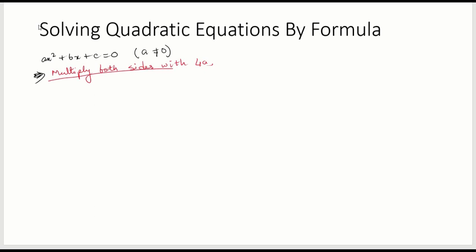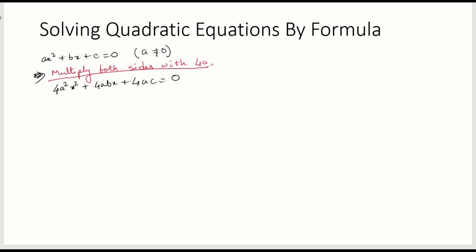So we will multiply both sides with 4a. So what we get here? We get 4a square x square plus 4abx plus 4ac equals 0.